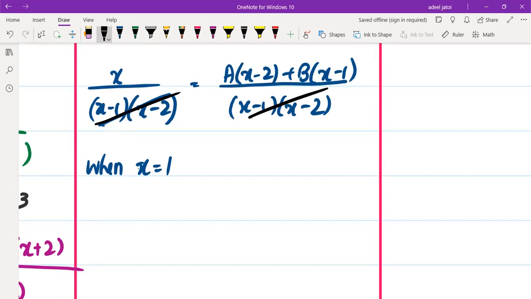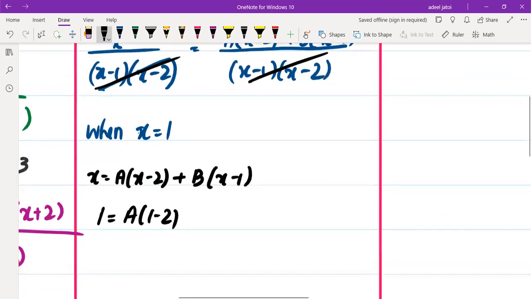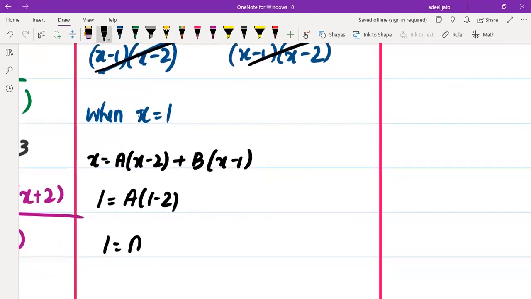So you are left with only x is equal to a, x minus 2 plus b, x minus 1. If we put down 1 in x, so a, 1 minus 2. And if we put down 1 in the bracket of b, 1 minus 1 becomes 0. Anything multiplied by 0 will become 0. So 1 is equal to a, minus 1. a becomes minus 1.